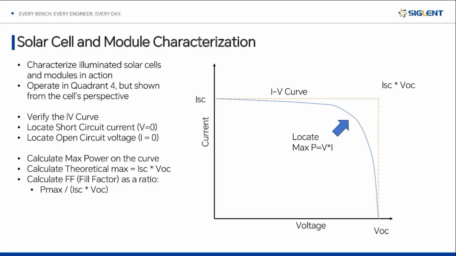So your ability to fill that square, if you will, is the fill factor, and there are a lot of important ways and some newer ways to test and verify efficiency of these cells and modules, but they all really require typically accurate voltage and current measurements across an entire quadrant, and sometimes into additional quadrants as you make these measurements.